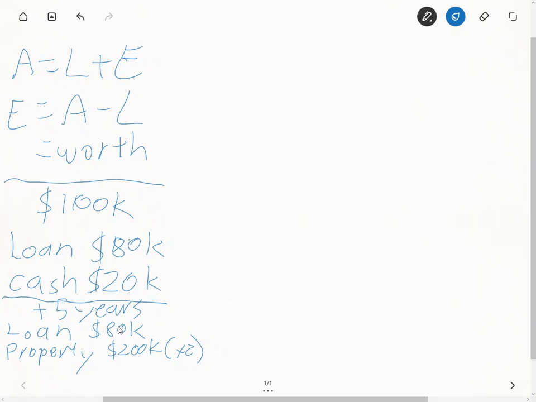So you've made $120,000 from a $20,000 initial investment. The point being is that hopefully you understand what equity actually is. In very simple terms, it's how much something is worth.